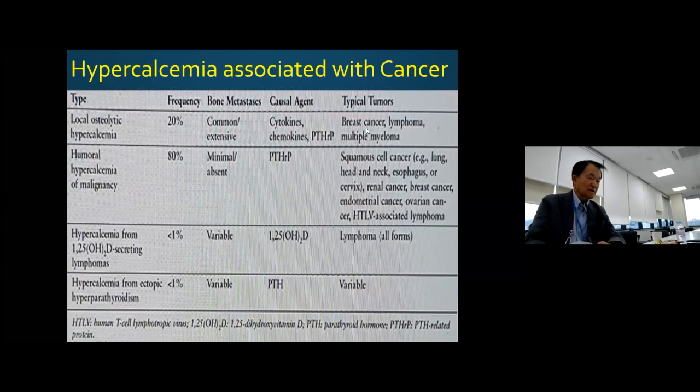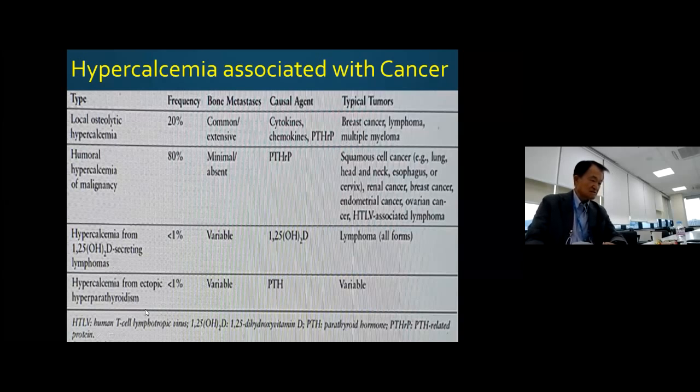So in cancer patients such as breast cancer, lymphoma, multiple myeloma, almost all cancers have a certain hormonal effect or a certain bone osteolytic effect, and then some kind of vitamin D secretion.